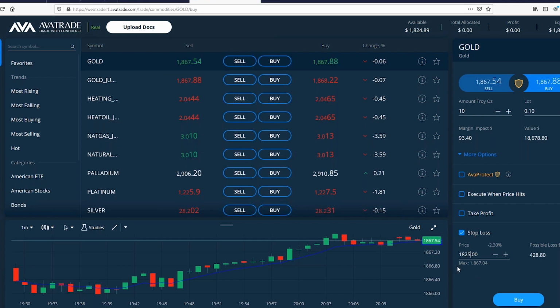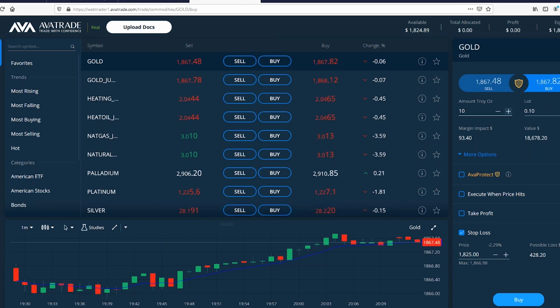So you put 1825 as your stop loss, and you see this is the possible loss. So based on the trade size and your stop loss, it calculates your loss, and this will be listed in your account currency. Okay, so very important that you understand your risk to the prices that you're looking at before you even open the trade. It's calculating it for you.